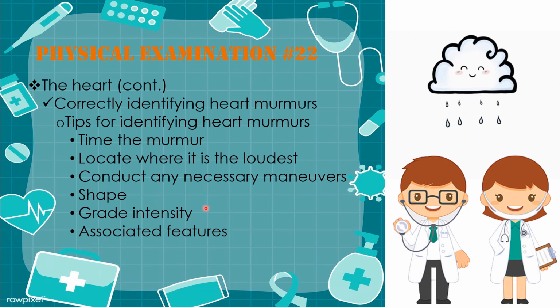And then you have to grade the intensity of the murmur from 1 to 6. Then identify associated features such as the quality of the S1 and S2, the presence of extra sounds such as the S3, S4, or an opening snap, or the presence of additional murmurs. You have to be sure to listen in a quiet room.